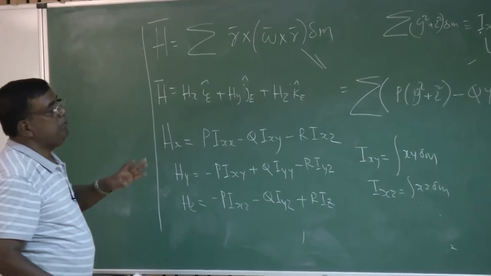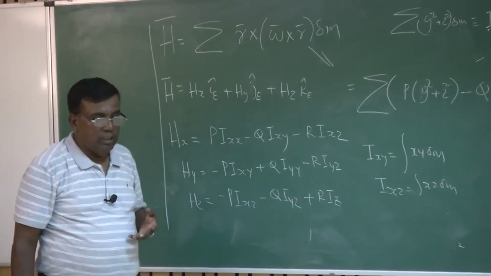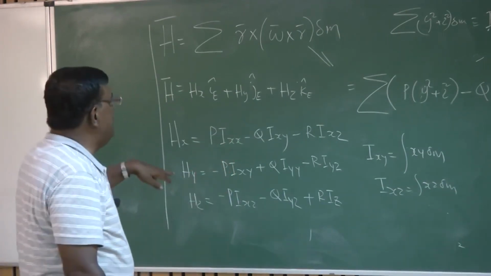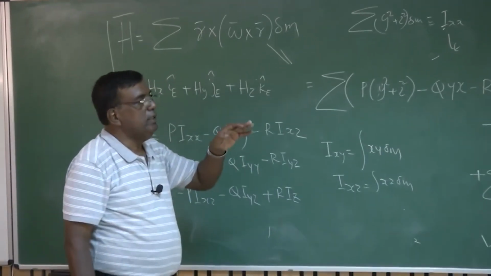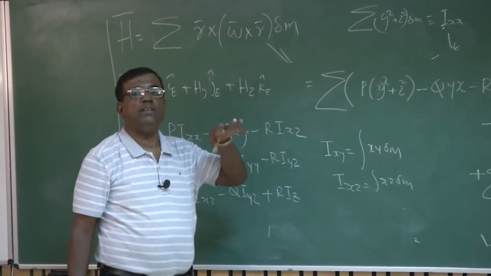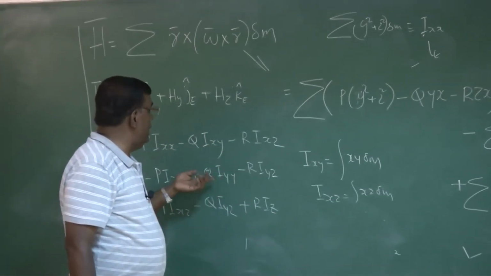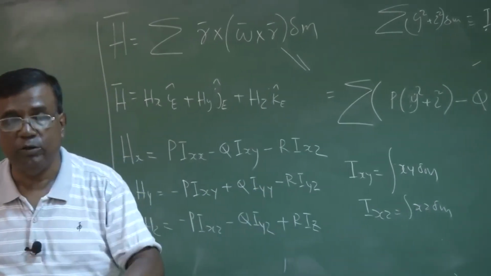Only thing is that we have initially realized that if I operate with respect to the inertial frame, then as the airplane rotates, the moments of inertia will go on changing, because with rotation, the distance of the delta m from the x, y, z axes will also vary. So this Ixx, Iyy, Ixy, Ixz, all of these will go on changing as the airplane rotates in motion.